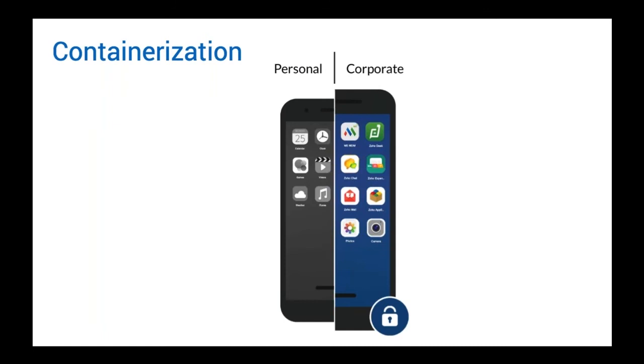Containerization, as the name suggests, lets you isolate the personal space and the corporate space within the device by creating a logical container. The logical container ensures that the IT administrator can have complete control over the corporate space without having any control over the personal space. This way, proper data security and data privacy is maintained.